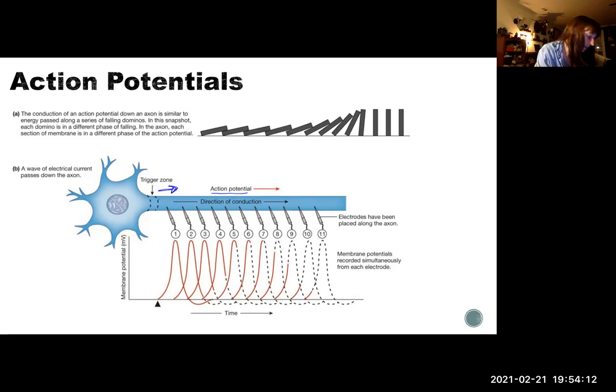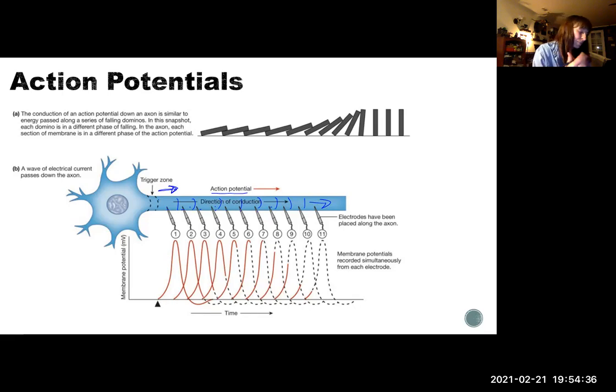And as we go down the axon, it will be continuously rebuilt as we go down. So basically, if you're measuring the signal down the length of the axon, that signal will continue to be strengthened each time it passes a certain region of the axon. Okay, so as we go down, it continues to be replenished.